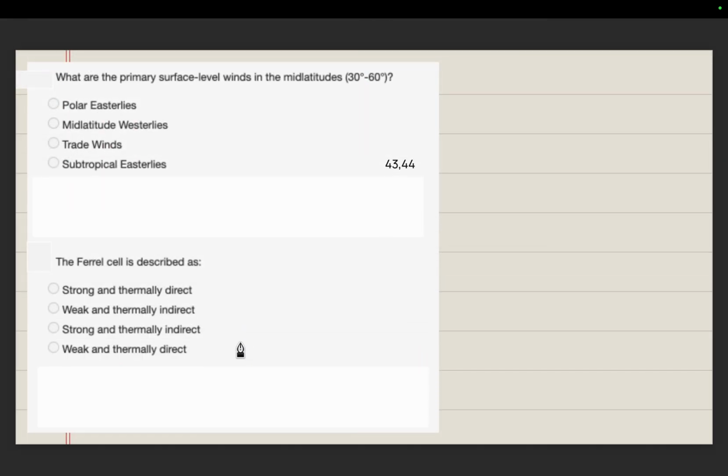Now question 43. What are the primary surface level winds in the mid latitude, that is 30 degree to 60 degree latitude, in both the southern hemisphere and the northern hemisphere?